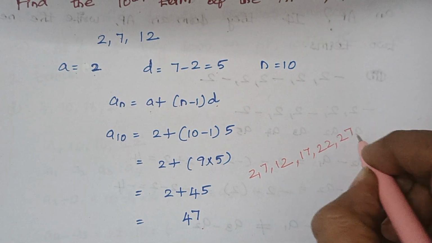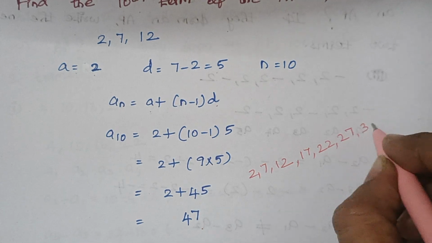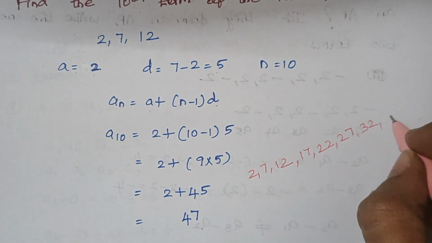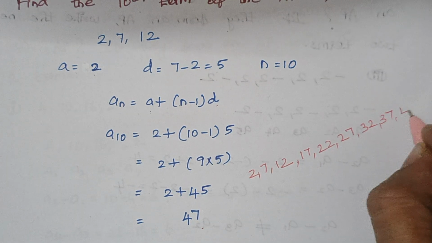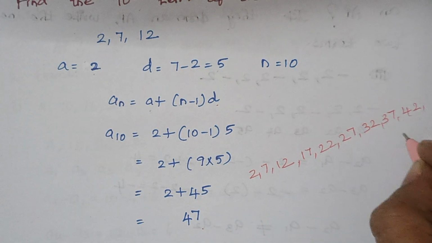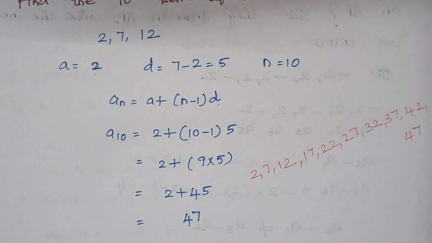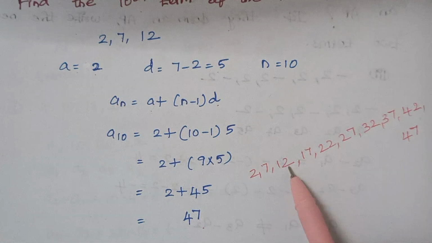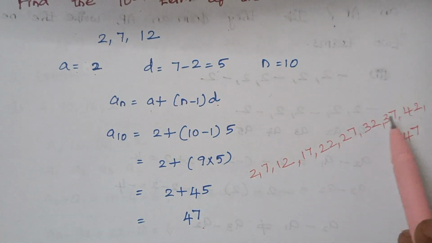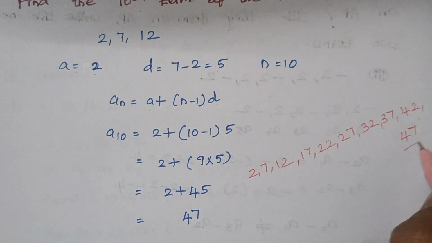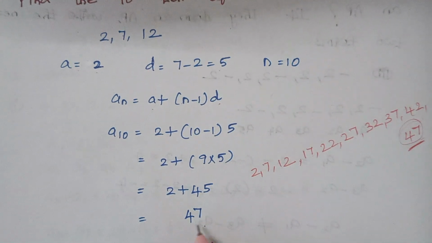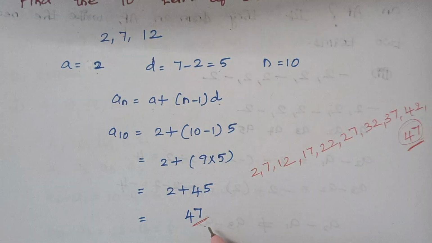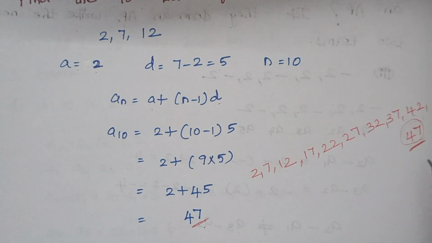It is 27. 27 plus 5 is 32, and 32 plus 5 makes 37, and again 37 plus 5 makes 42, and 42 plus 5 makes 47. Now you need the 10th term, right? 1, 2, 3, 4, 5, 6, 7, 8, 9, 10. So this is your 10th term whose value is 47. Again we get the same answer here. If you want to cross-check, you can cross-check like this also.